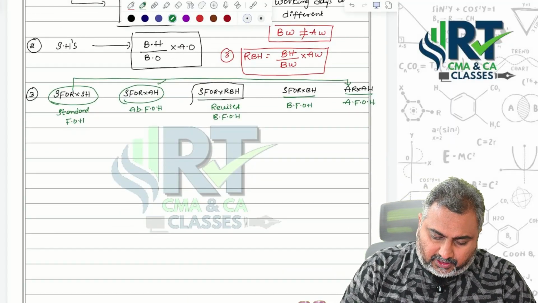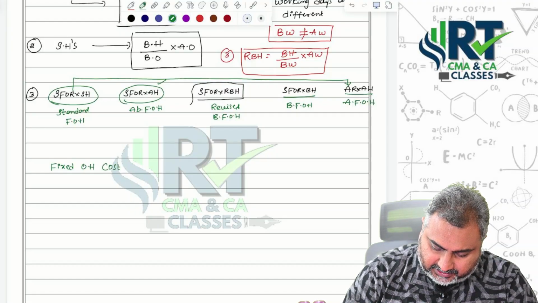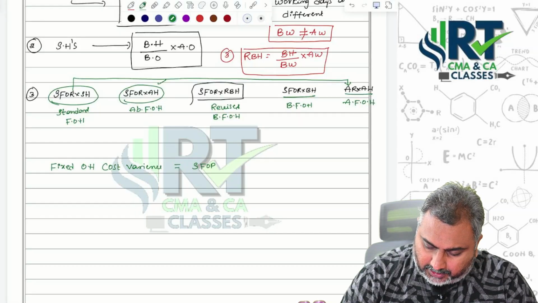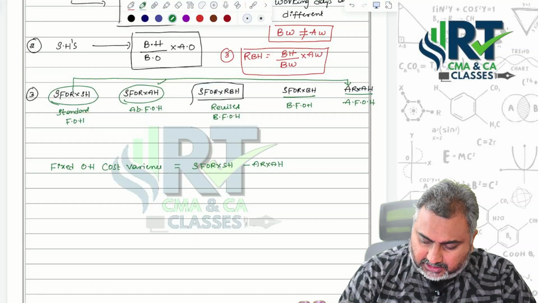So the first formula is fixed overhead cost variance. What is the formula? SFOR into SH minus AR into AH. Why?